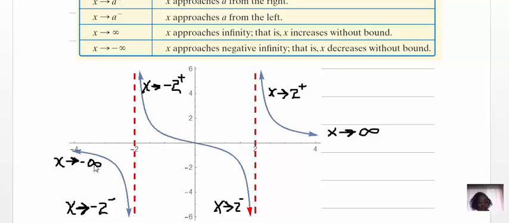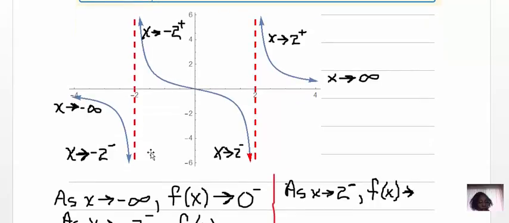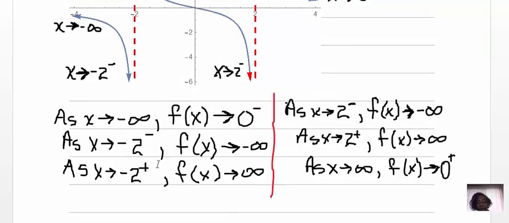Remember in this example, as x went to negative infinity, the function was approaching 0 from below. And so this is an example of a horizontal asymptote where y is equal to 0, where the x is decreasing without bound.